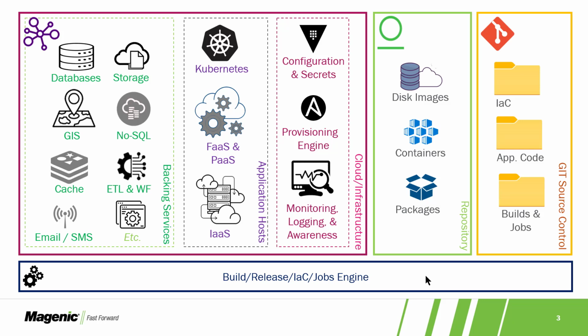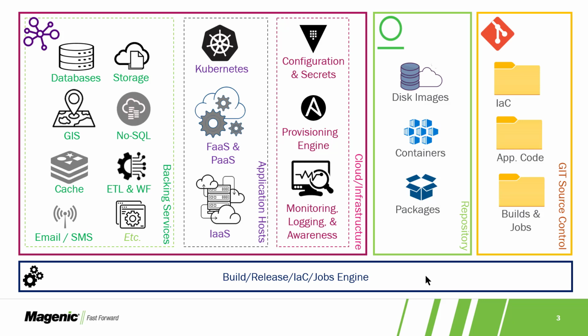Typically, we also inject some information during provisioning about the nature of the host itself, the host name, and what cluster it's in, what data center it's in, etc. Those are useful metadata things for monitoring, logging, and awareness. And the configuration for that is typically injected into the application host when it is provisioned.